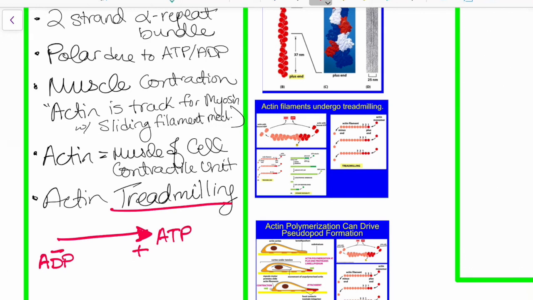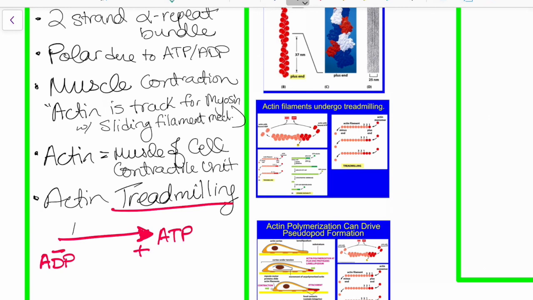And that is how the myosin is able to move along. It keeps moving with this treadmilling of actin. So if you have myosin, it would basically keep moving here. This is my stick figure. So he keeps moving along because the length keeps getting increased.